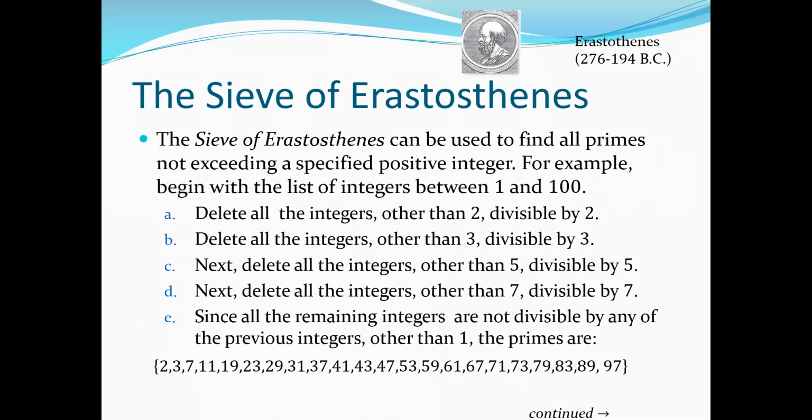In case you want to determine the different prime numbers in a given set, for example, 1 to 100, we want to determine the prime numbers between these two values. We could apply the algorithm introduced by Eratosthenes, a mathematician.